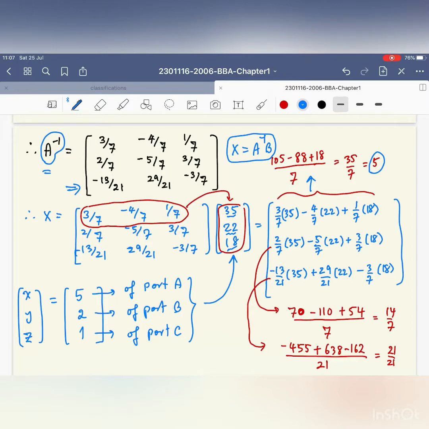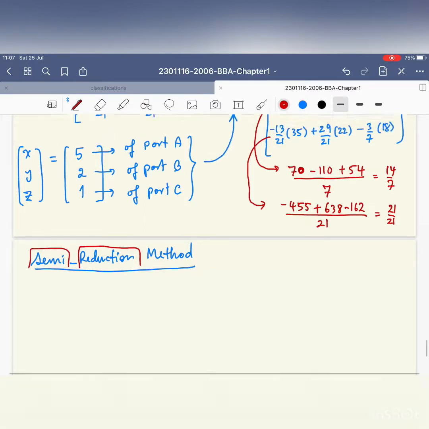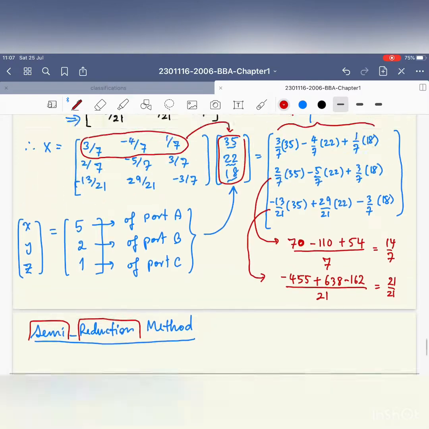This one is the so-called semi-reduction method. We still have the word reduction, so you still need to do some row operations to reduce, but we are going to do only about half of it. So let us go back to your original problem again.